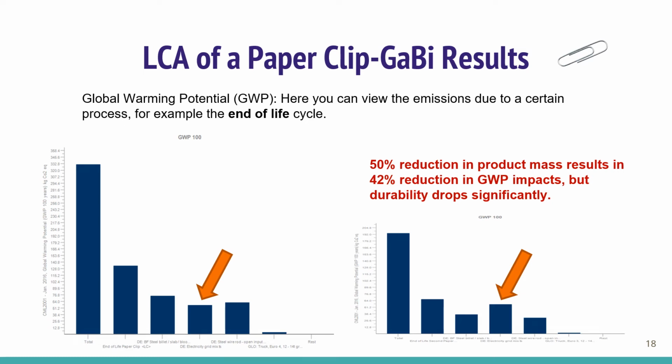There was, however, a 42% drop in global warming potential, but because of the material usage drop, there is now a drop in the durability of the paper clip. So this would also need to be considered by the company. And for reference, global warming potential is a measure of how much heat a greenhouse gas traps in the atmosphere relative to carbon dioxide.